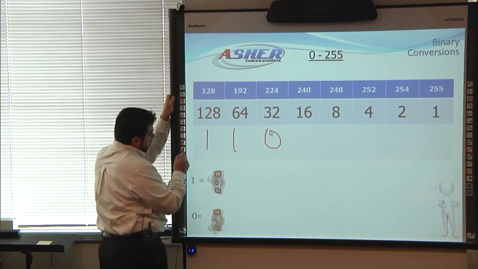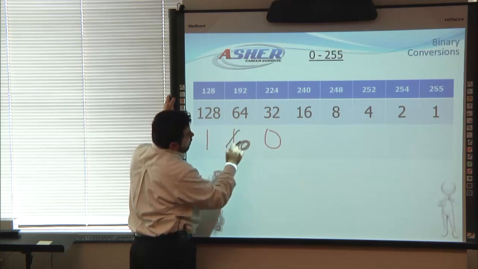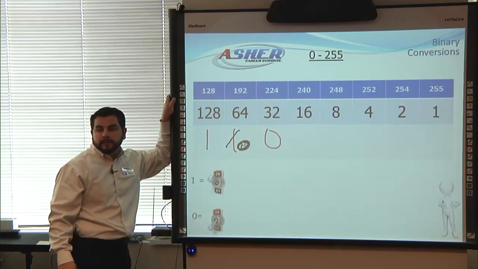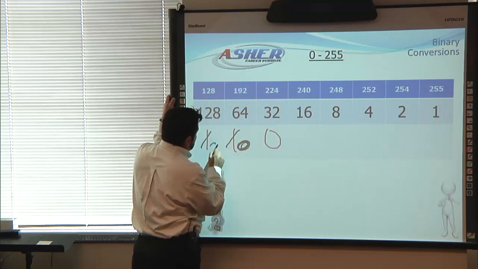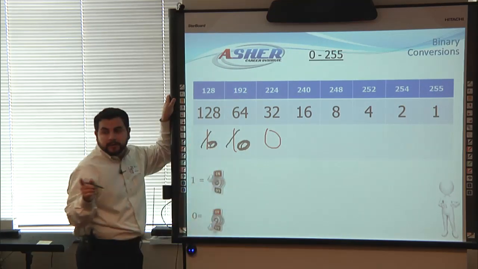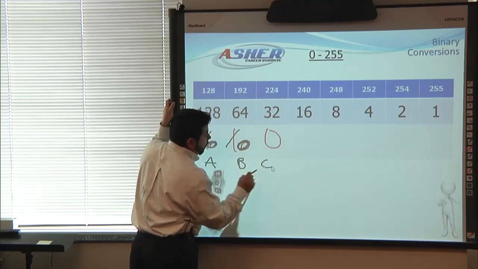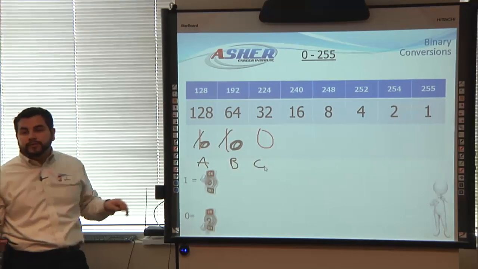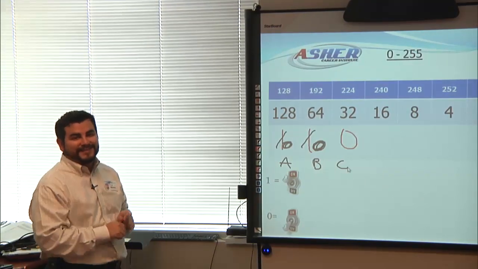If I was to change this into a 0, what kind of address would that be? B. If I change this one to a 0, Class A. So you can always think of it this way. Wherever the first 0 lies, that tells you if it's a Class A, B, or C network.